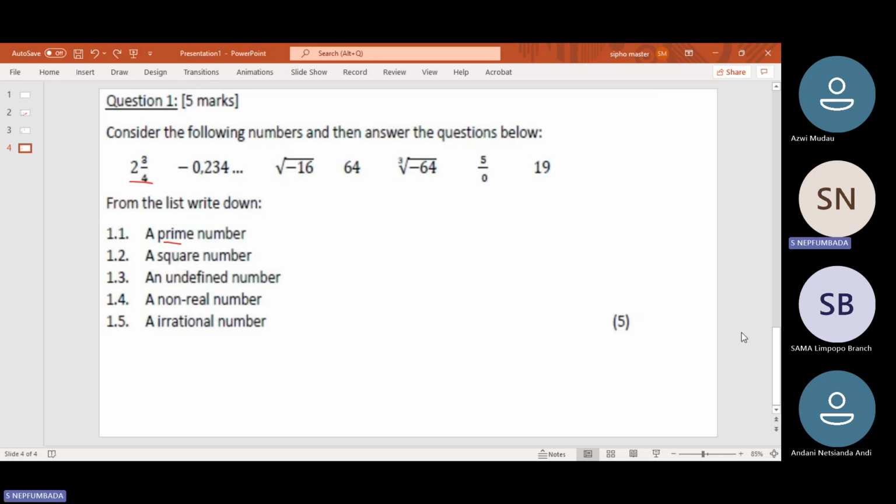So prime numbers are natural numbers that are greater than 1, until infinity. They move by the distance of 1. Are we good?